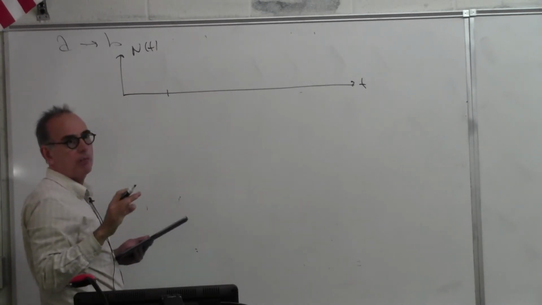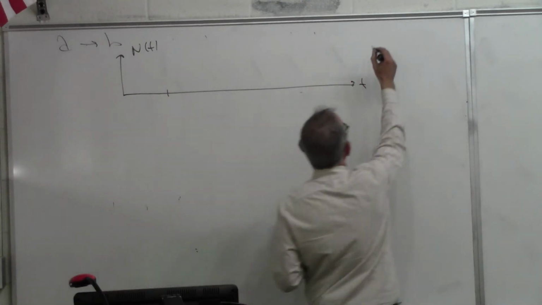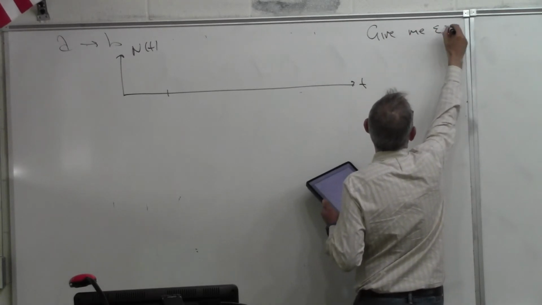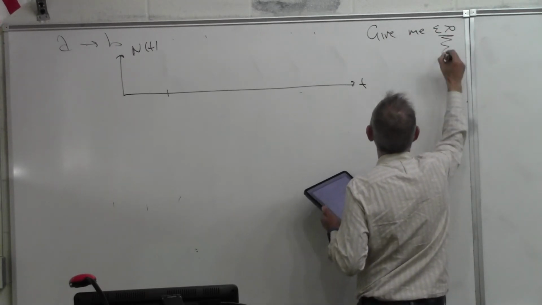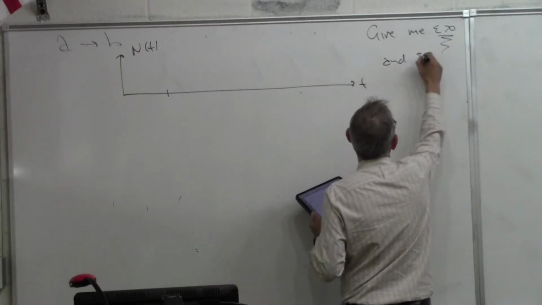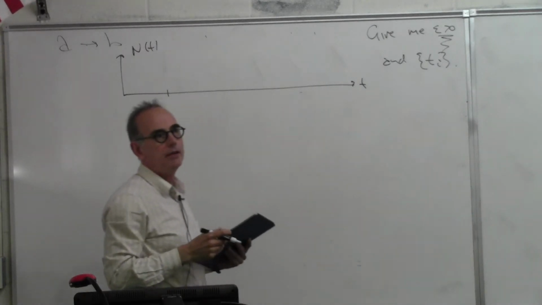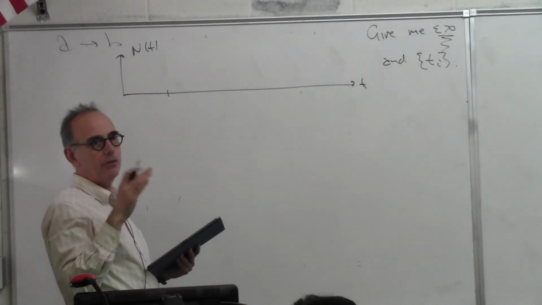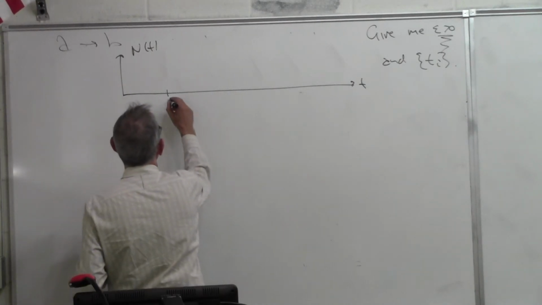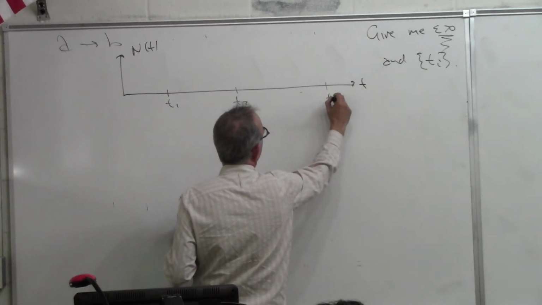You have to look at a probability of a certain event. Basically, give me epsilon greater than 0. And give me also a bunch of times. And I need to take a probability of an event given that data, and I'll explain it as I go along. So I drop down t1, t2, t3.